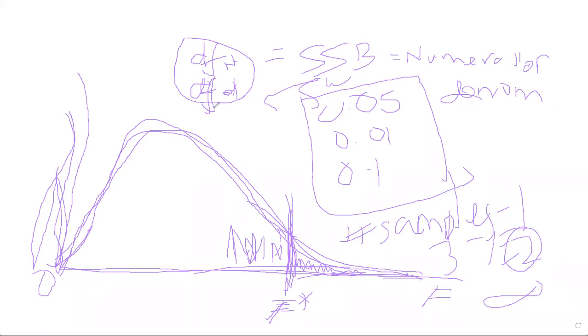Let's say you have 30, minus the number of samples. So 30 minus 3, and your df is 27. Here n equals 30, and the number of samples, denoted k, is 3. There are 3 samples, A, B, C.